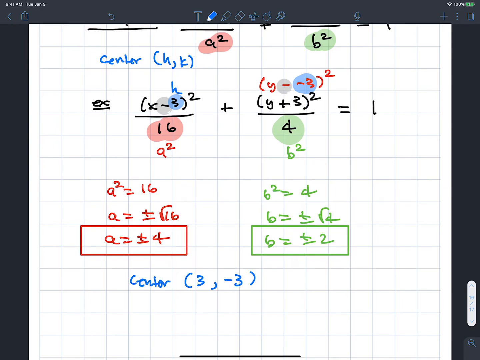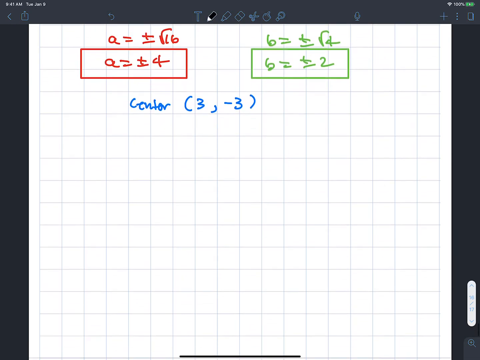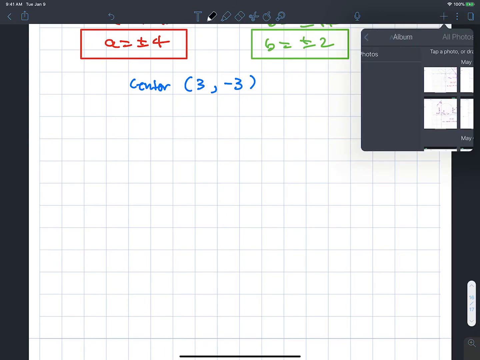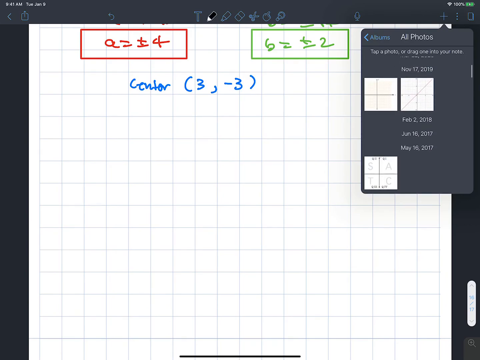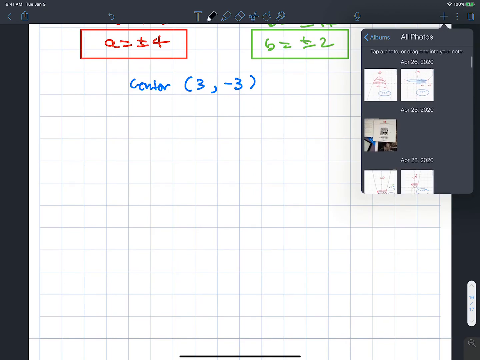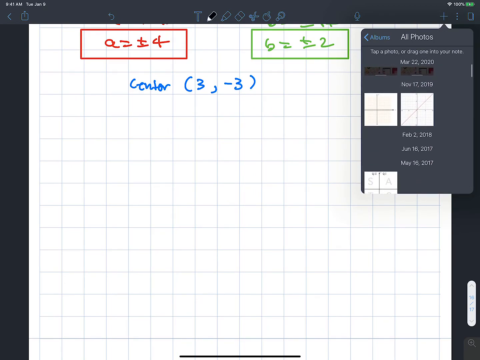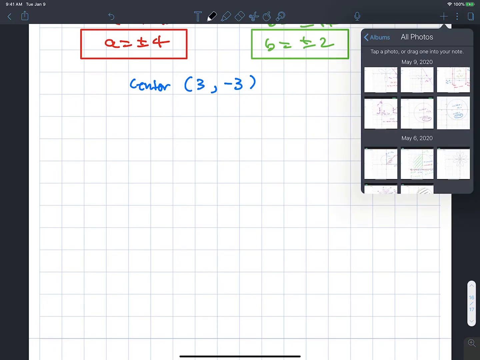So here's my center. Ladies and gentlemen, there you go. You have the center and you have your a and b values. Let's see how we use this now, right? Remember, this is an ellipse. You've got a plus there and it equals 1. So let's bring our graph in. Well, that's weird, it doesn't want to come in.